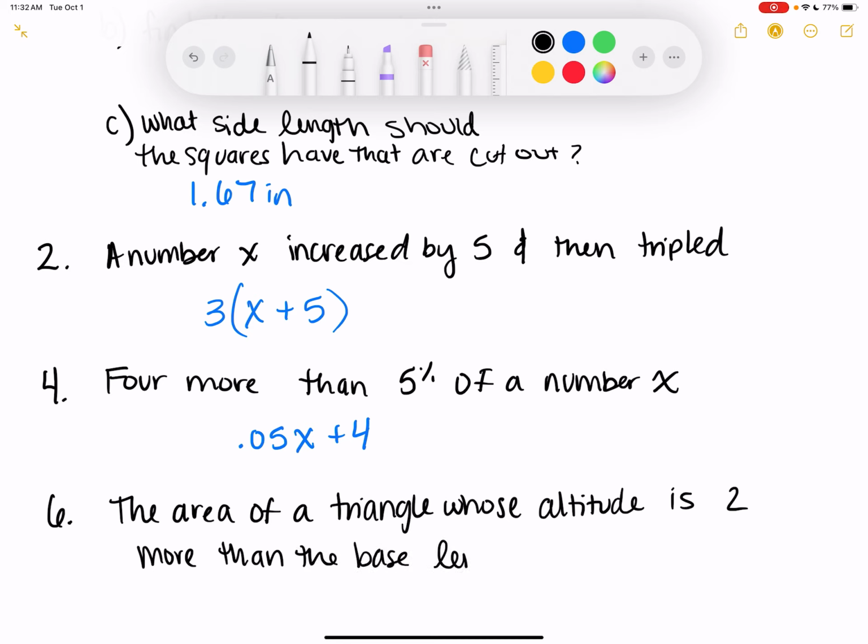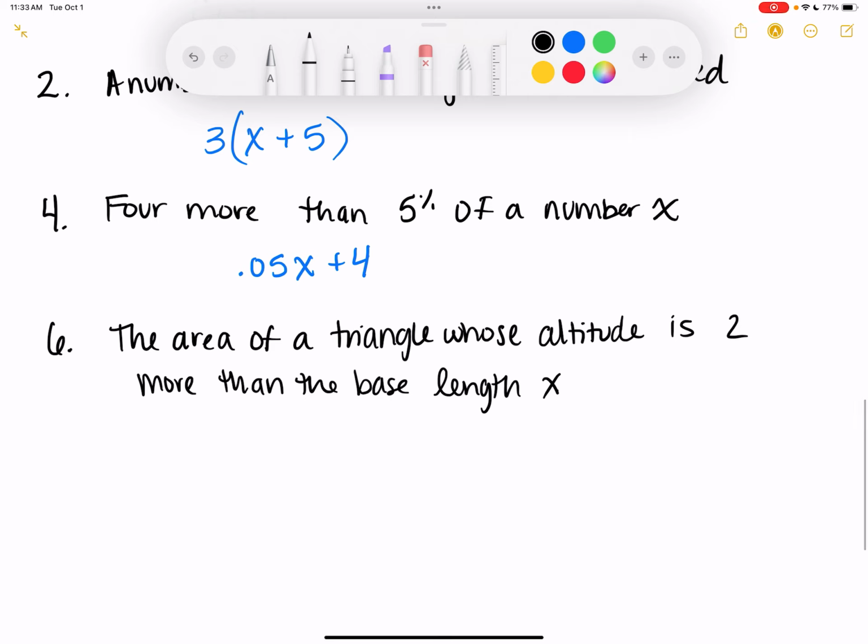Tristan, to answer your question, that would not be right because it told us to use the stuff that's given. Yes, it will give you the same answer, but it needs to be written like this.